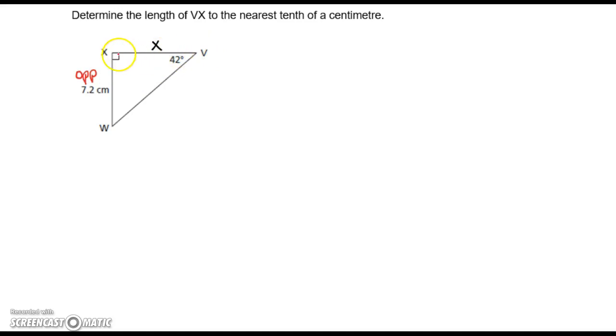Side x, or as we know it, VX, is connected with that angle but is not your hypotenuse, which makes it your adjacent side. So you can clearly tell that we're using the tangent ratio, because we have our opposite, adjacent, and we're working with an angle.